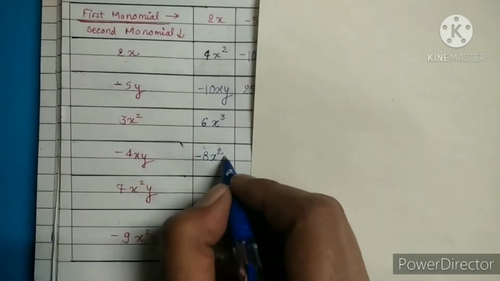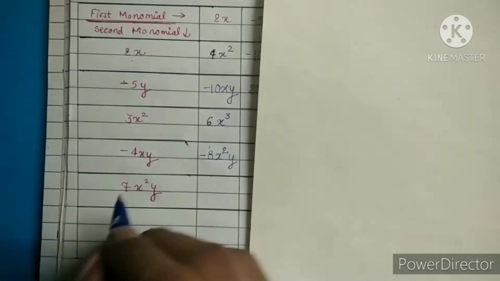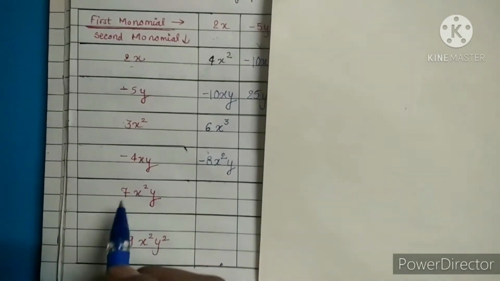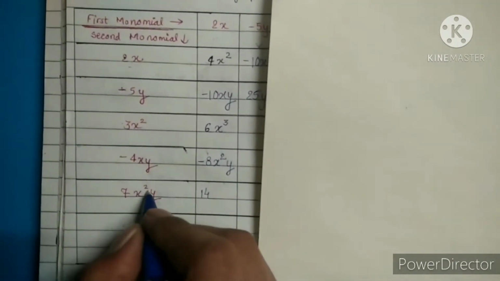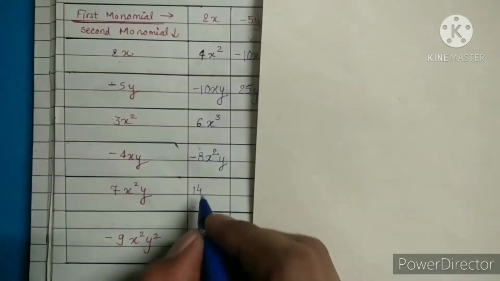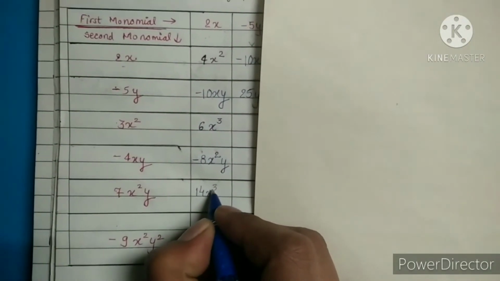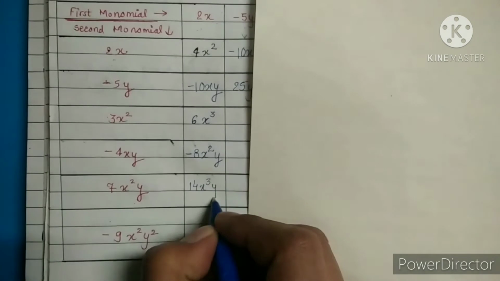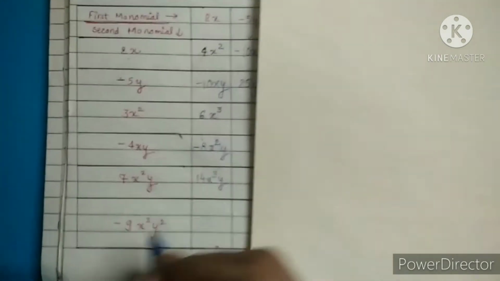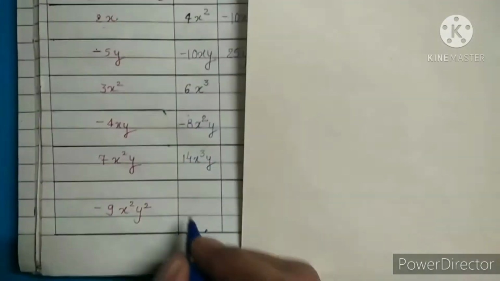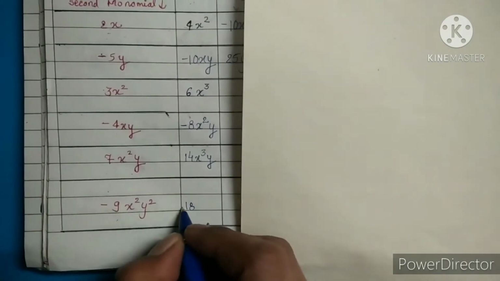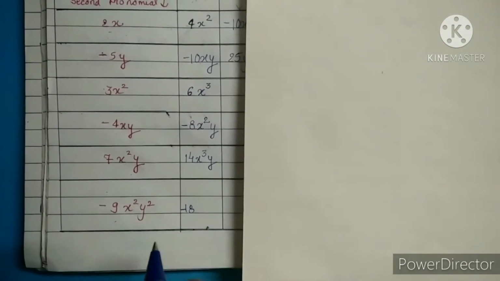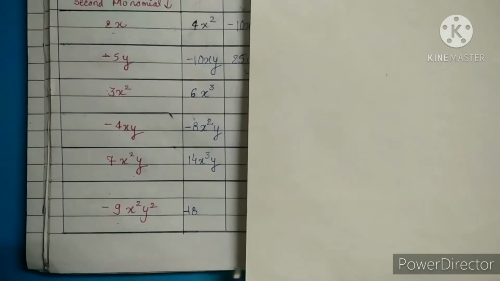And y will remain same. Same proper manner we will apply here. 7 2s are 14, x is to power 2, x is to power 1, so here x is to power 3 and y will remain same. Here 9 2s are 18 and minus symbol will come because one is positive and one is negative, so negative will remain in the answer.